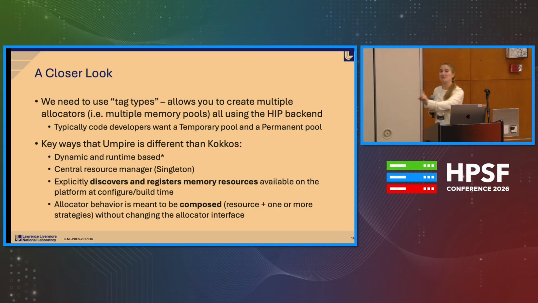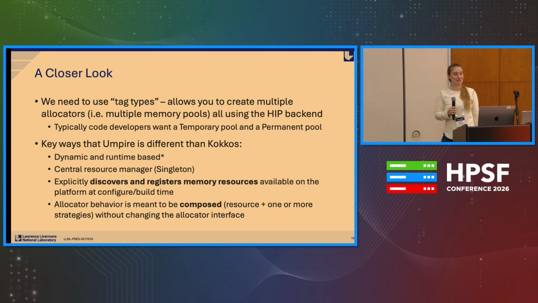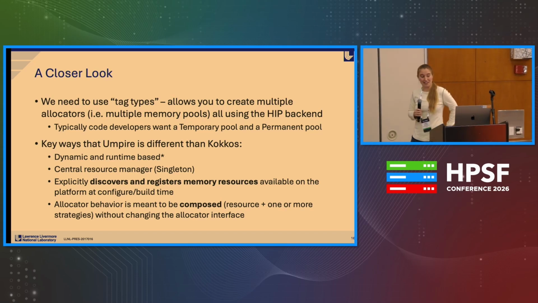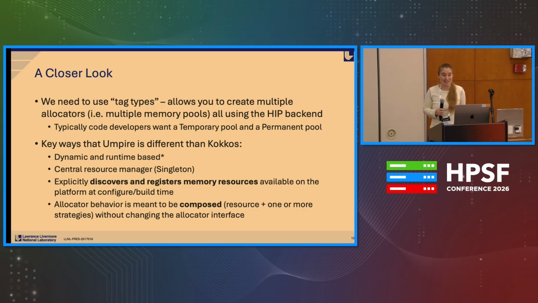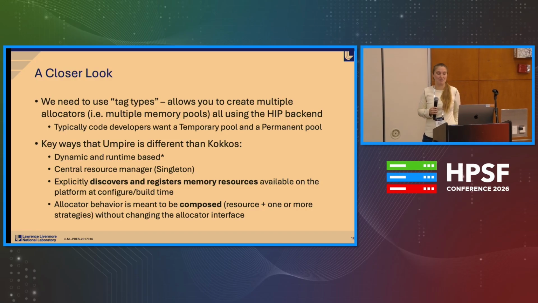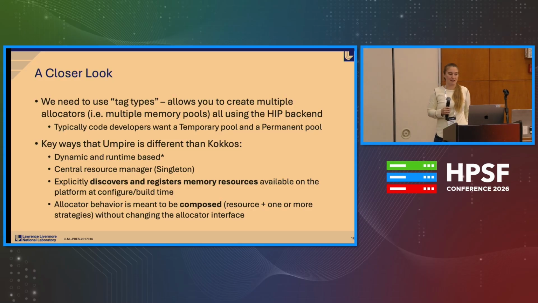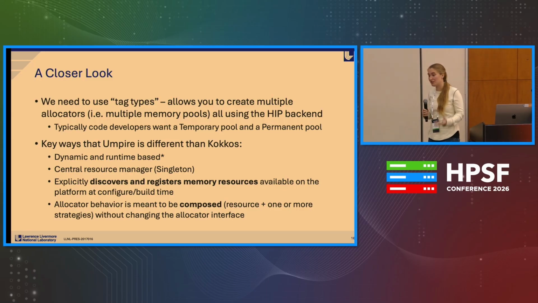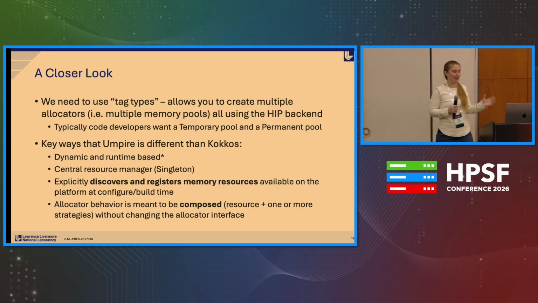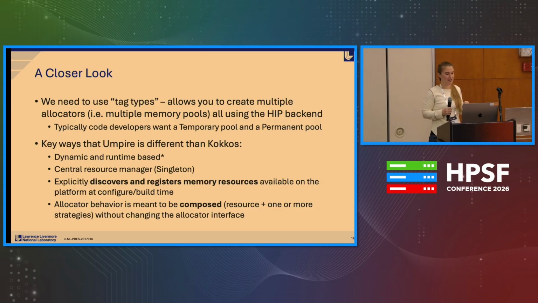And then I just want to call attention to a few ways that Umpire is different than Kokkos. You may have noticed that Umpire is dynamic and runtime based. And we have this central resource manager, which is a singleton. That's different from the way that Kokkos does things.